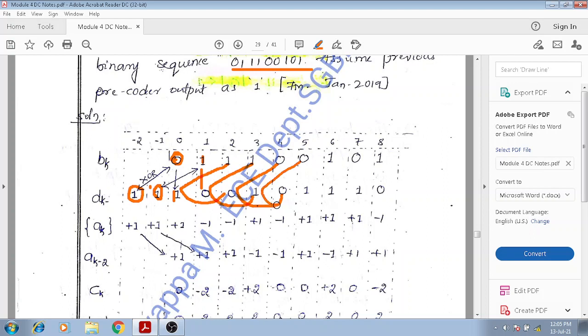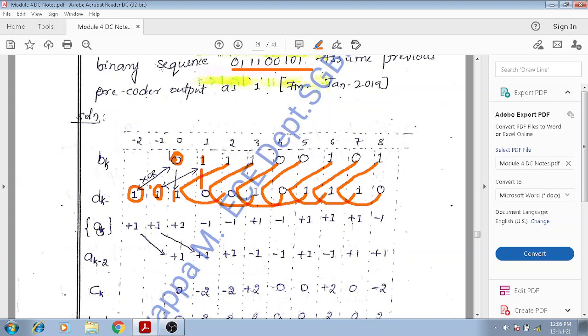0 1 1 1 0 1 0 1 1 1 1 0. So this is the precoded sequence, the output of the precoder. Next, the output of level shifter AK.